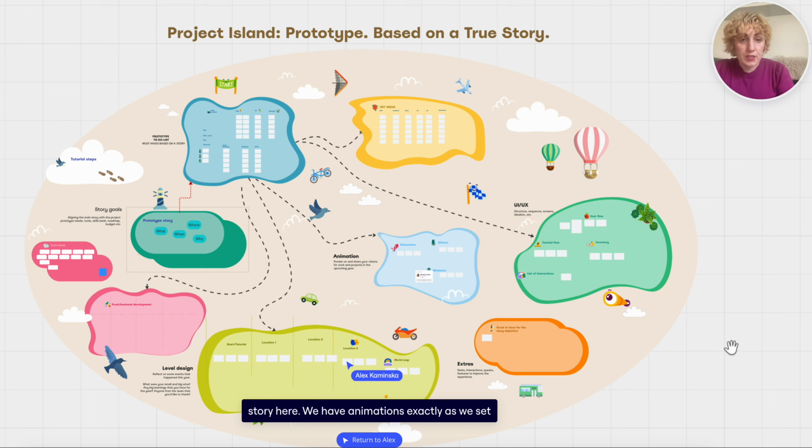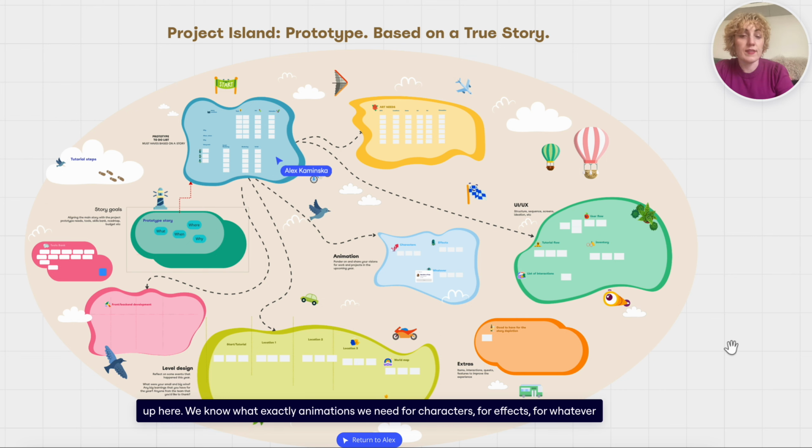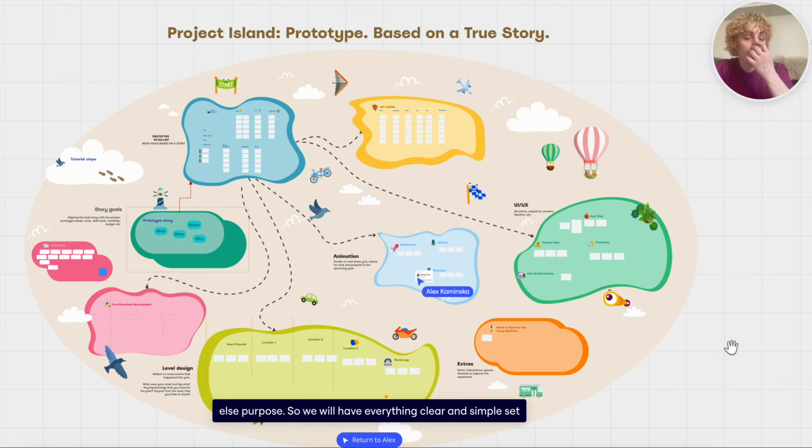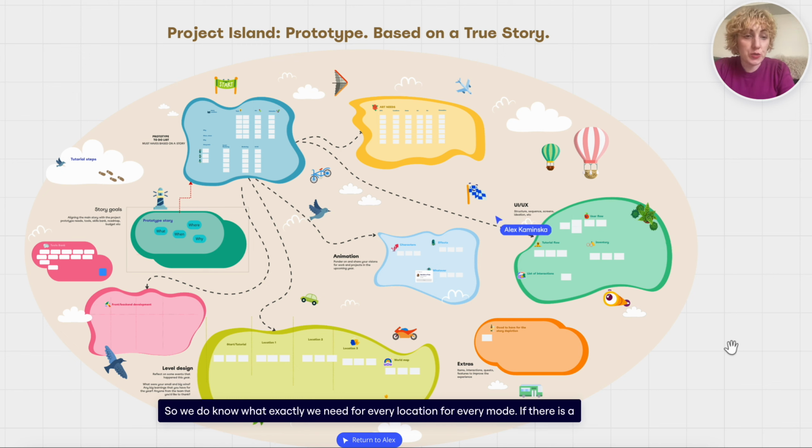Here we have animations. Exactly as we set up here, we know what exactly animations we need for characters, for effects, for whatever else purpose. So we will have everything clear and simple setup. For UI UX, we mix tutorial flow, user flow, inventory, main screen. So we do know what exactly we need for every location, for every mode. If there is a fighting, like Red Riding Hood fighting with a wolf, why not?